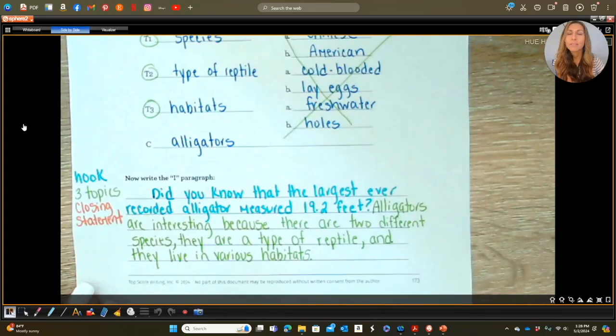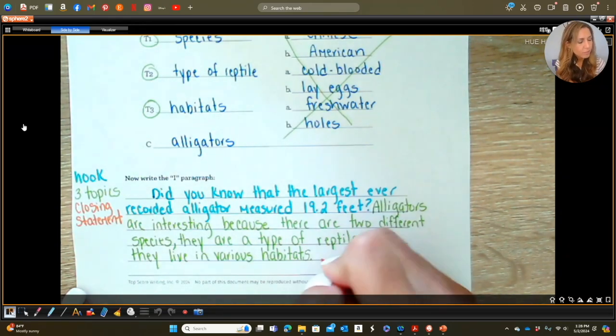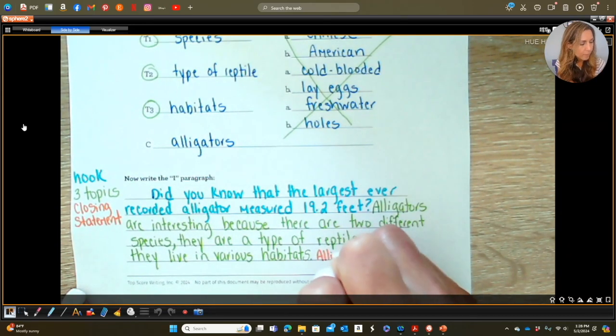All right, my friends, the last sentence we need is a closing statement. Now this is where we're just going to say something in general about our topic. And what is our topic again? Alligators. So how about we say, alligators aren't as scary once you learn more about them.